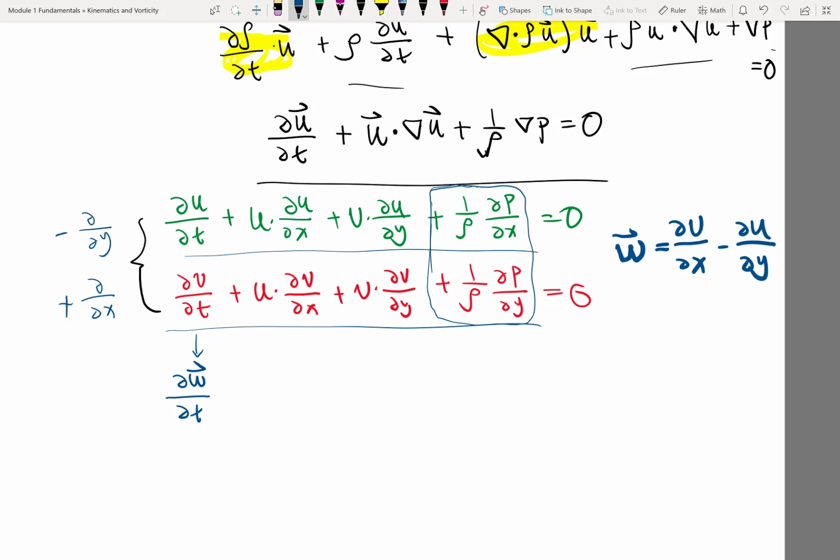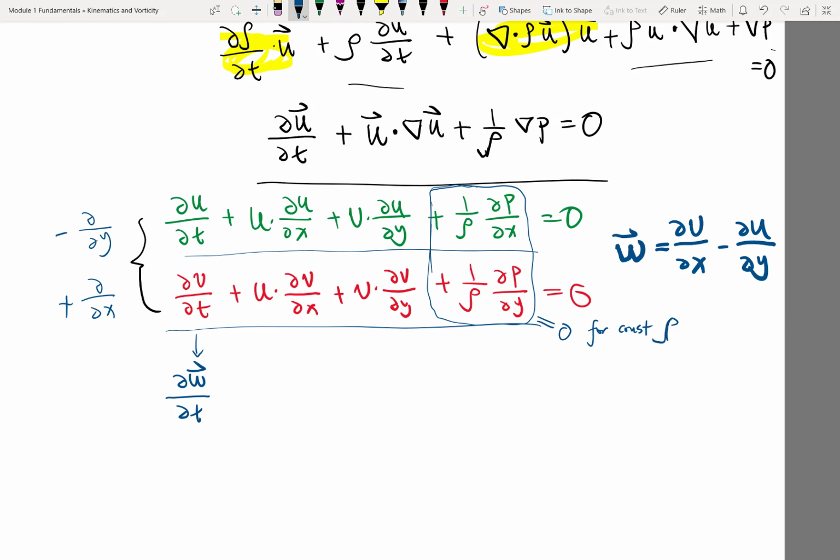So you get 1 over rho times the second derivative of p with respect to both x and y, and then subtract, again, the second derivative of p with both x and y. So in an incompressible flow, the pressure term contributes nothing to vorticity. Now the only thing you remain with is this. So this is equal to 0 for constant rho, rho, not p.